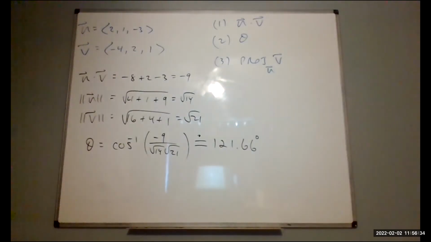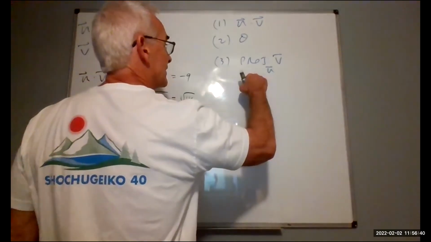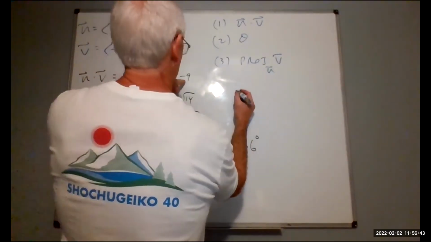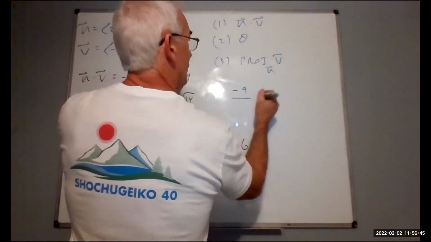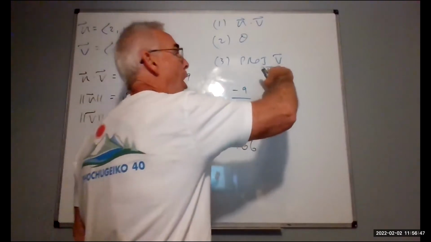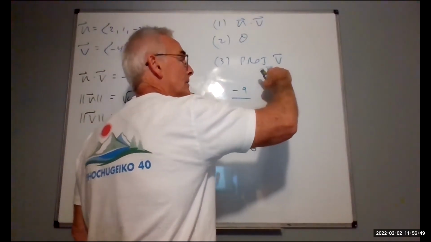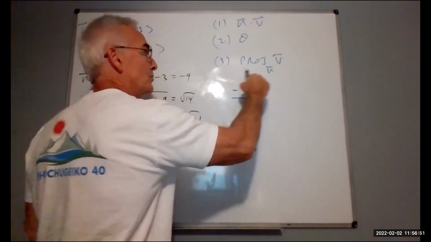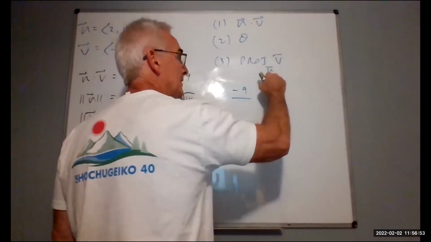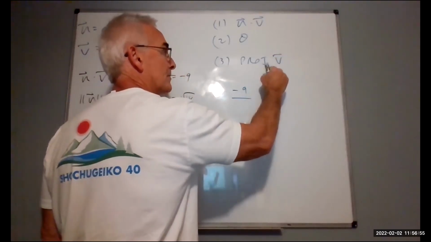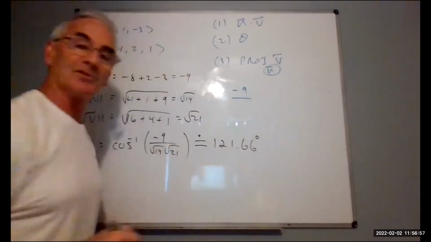Okay, so the last piece of the puzzle is the projection. Now, what do I need for the projection? Well, in this case, it's going to be u dot v over, now I'm projecting onto vector u, so it's going to be u dot u. If I did u onto v, then it would be v dot v. This guy here determines everything. This guy is the one that shows up everywhere.